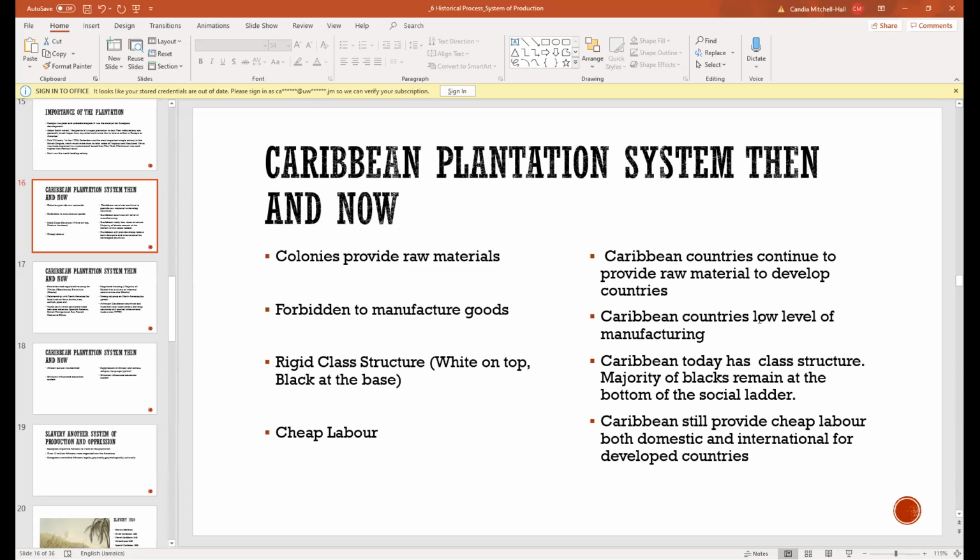It is not only pointing to, oh, I'm going downtown Kingston, I'm going uptown Kingston. No. When you mention those concepts of uptown and downtown, you are reinforcing the class structure that exists in the society.